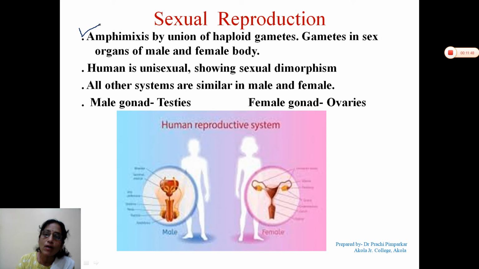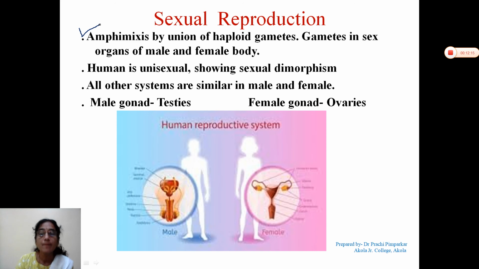Now let us focus only on humans. We have the human reproductive system. Now the human reproductive system is very unique. The whole difference between male and female is due to the reproductive system. All other systems are exactly similar. In 11th standard, we have studied the skeleton, isn't it? Bones. Even the bones are similar in male and female.